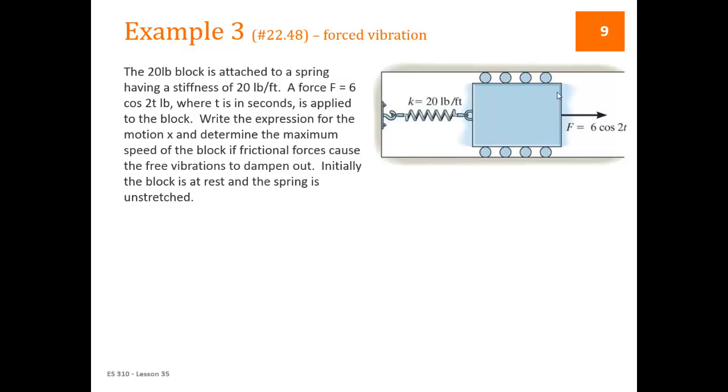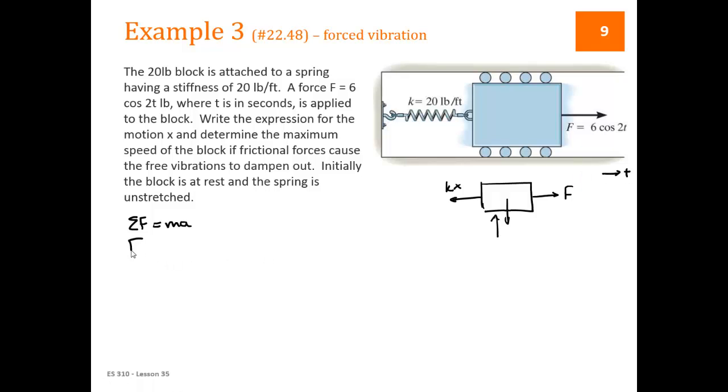So let's draw the free body diagram. There's our box. We have our force here, and we have our kx there. Gravity is downwards and normal forces are upwards, and we're not going to worry about those because all of our motion is happening in the x direction. So let's write the sum of the forces equals mass times acceleration. We'll call this direction positive.